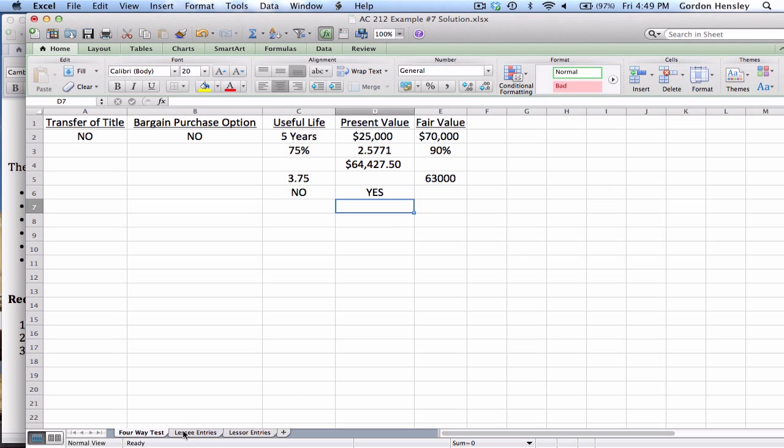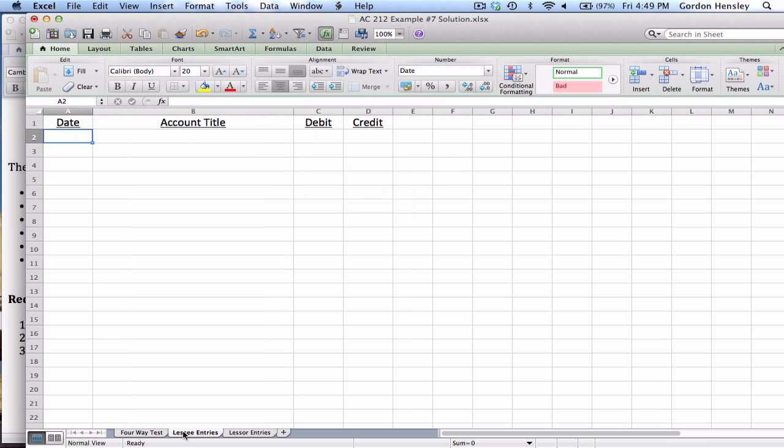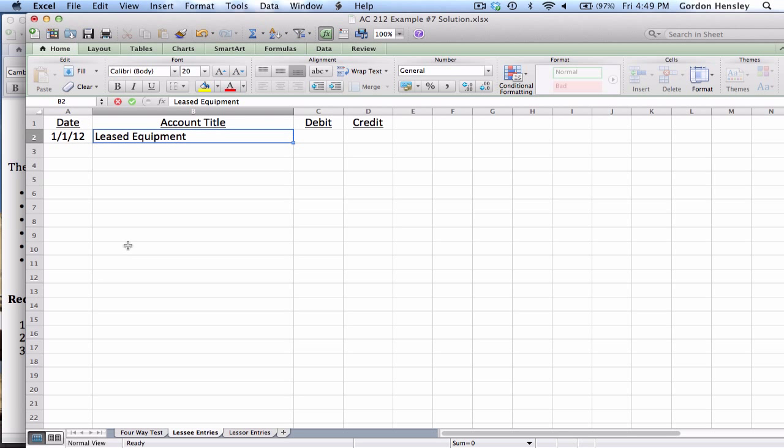So now we're ready to do the journal entries. Now on the lessee side of things, we're signing the contract on the first day of 2012. Since this is a capital lease, we're going to treat this almost as if it's our asset. So it's equipment, but since we don't own it, it is a debit to leased equipment. And at the same time, we are obligated to make these lease payments.